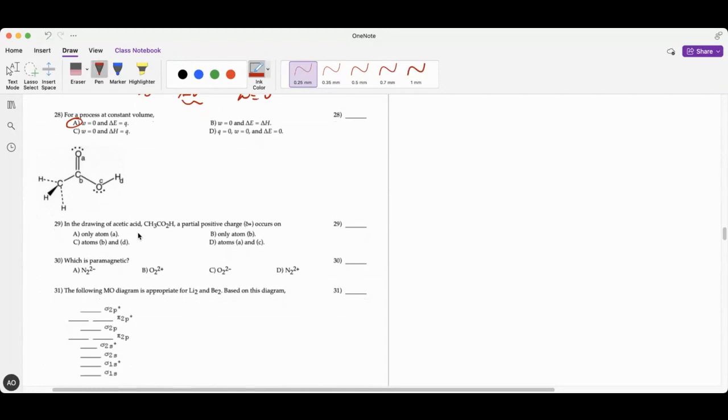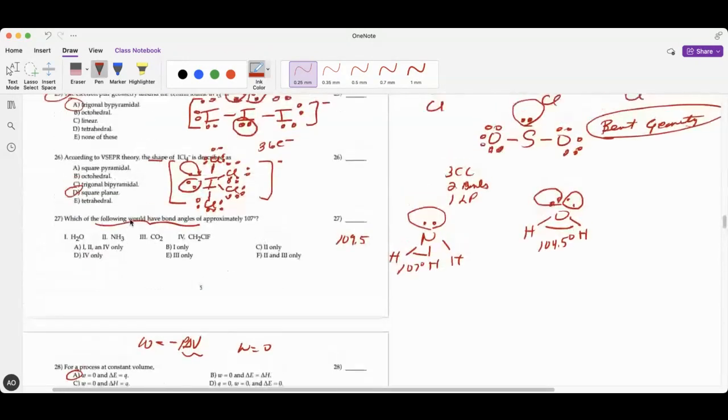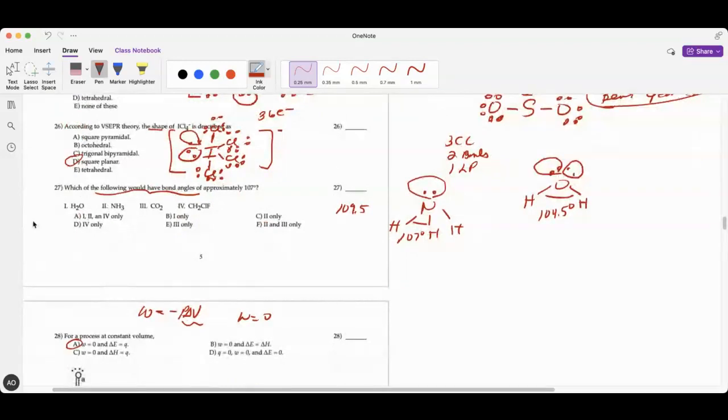This is the drawing for number 29. So was that answer for 27 NH3? Yes, because the ammonia has a tetrahedral electron pair geometry, but it has the lone pair, and this lone pair compresses these bond angles to about 107 degrees.